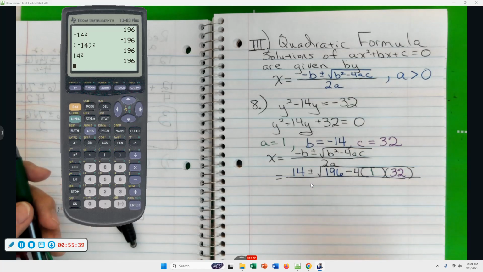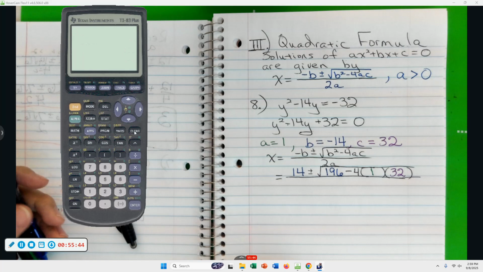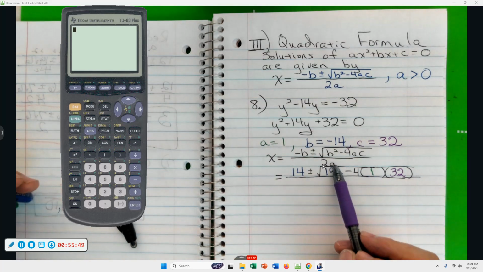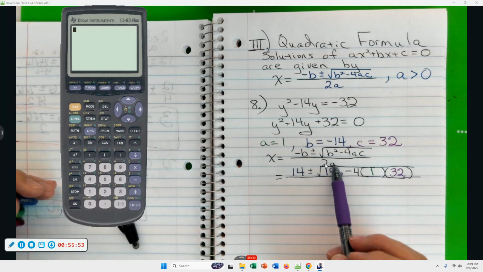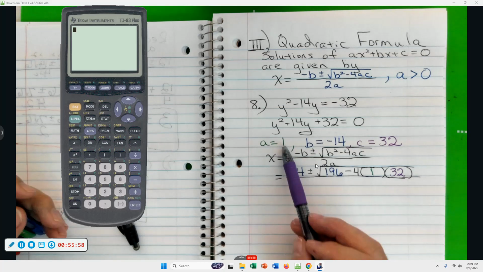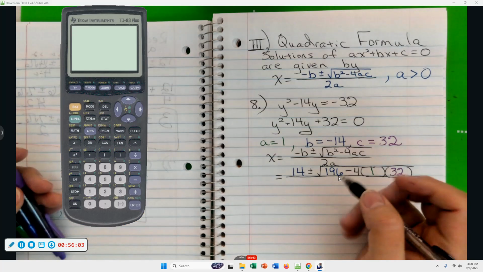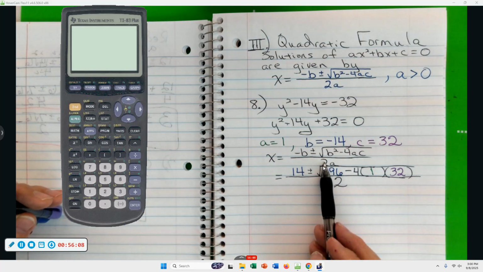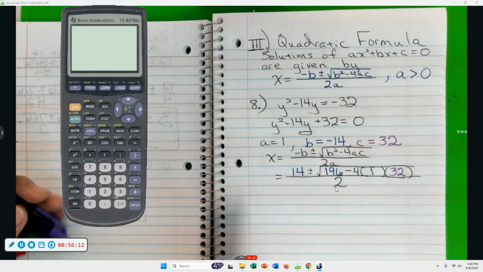I'm just replacing the A and the C with 1 and 32, all over the denominator, 2 times A. We can do that in our head. 2 times, what am I going to put in place of A? 1. 2 times 1, what's that? 2. Did you follow my logic there? 2 times A, 2 times 1 gave me 2.